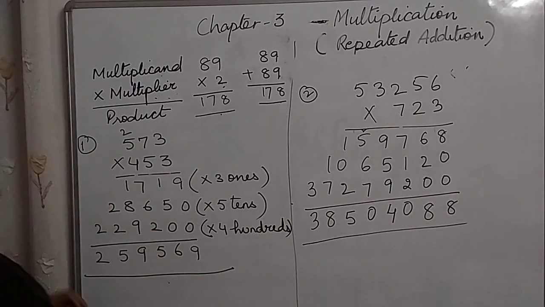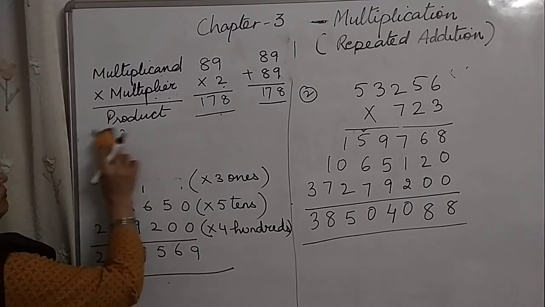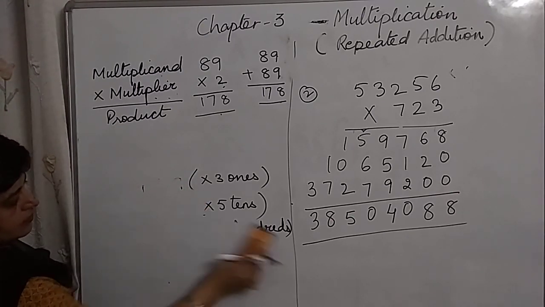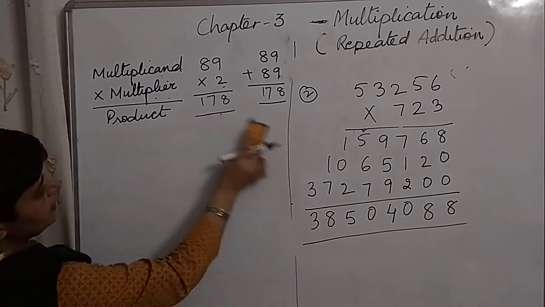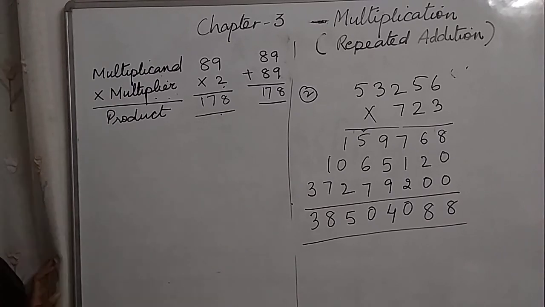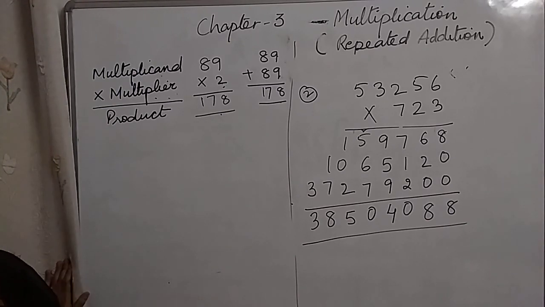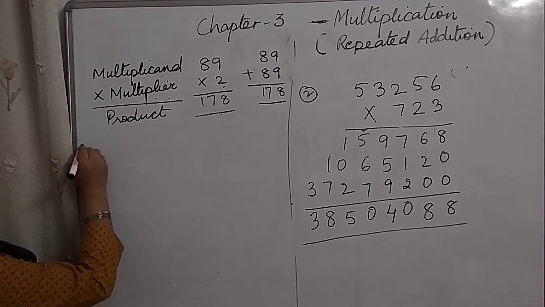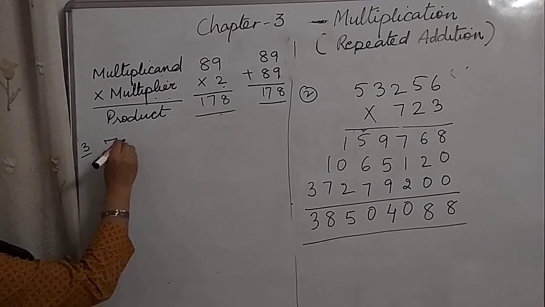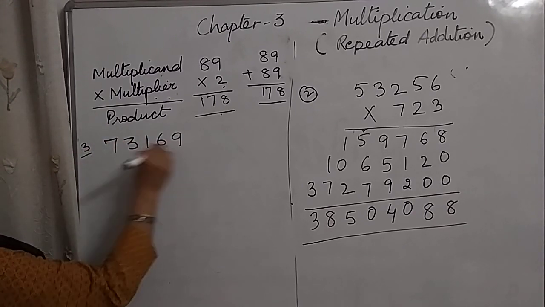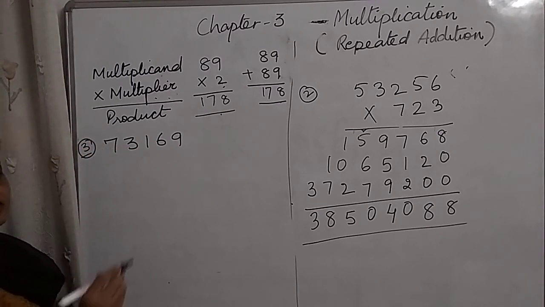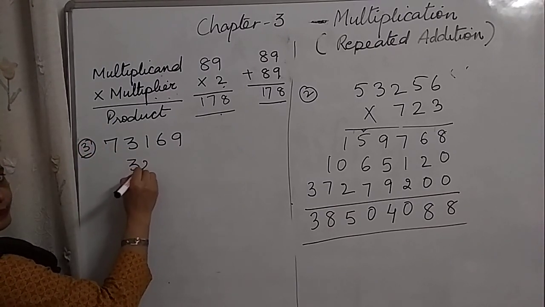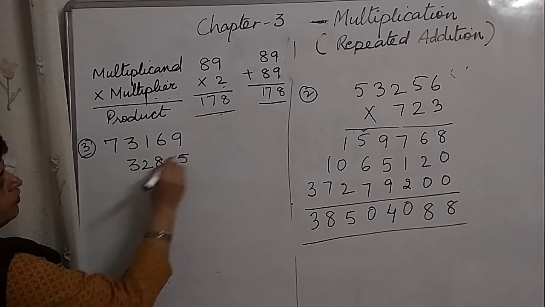Now we multiply a sum with a multiplier of 4 digits. It means it has a number at thousands place as well in the multiplier. So the question is, 73169 multiplied by 3285.